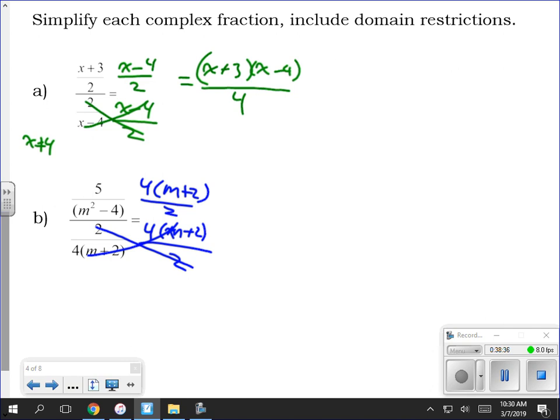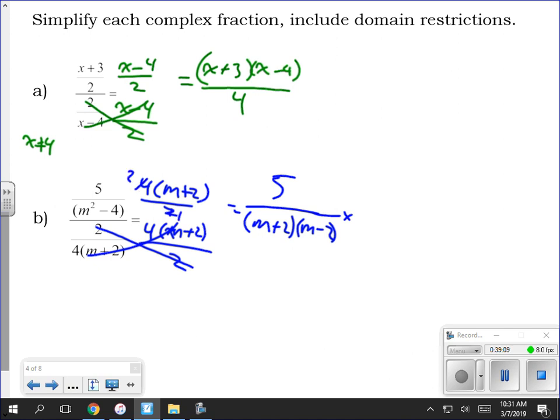Okay. Now, this one here, I need to factor my denominator. So I get 5 over m plus 2 m minus 2 times, and here I don't factor, but I can reduce the 4 and the 2, right? 4 and 2, they reduce. 4 over 2, divide them both by 2, I get 1, and I get 2.